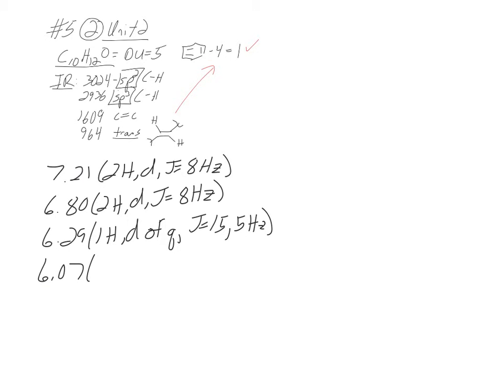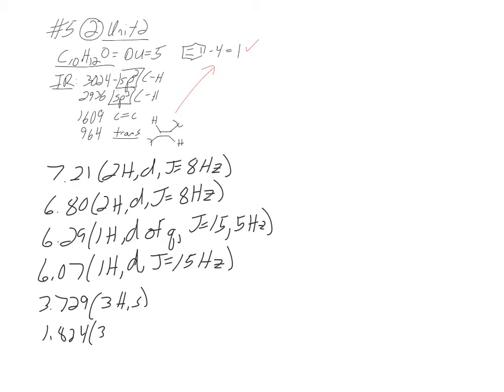6.07. We have 1 H. That is just a doublet, and that J is equal to 15 hertz. 3.729 worth 3 H's, and that's a singlet. 1.824, that's worth 3 H's, that's a doublet, and the coupling constant for that is 5 hertz.